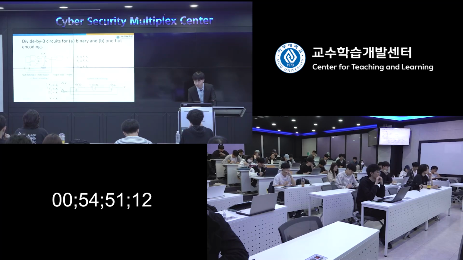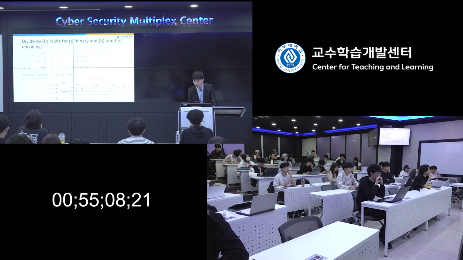Based on this equation, it's kind of different from the previous one because there's no combinational logic for the next state and the output logic. There are only 3 registers connected in series. We use the first register, output S1, then link to the input of S2, which is the next state of S2.